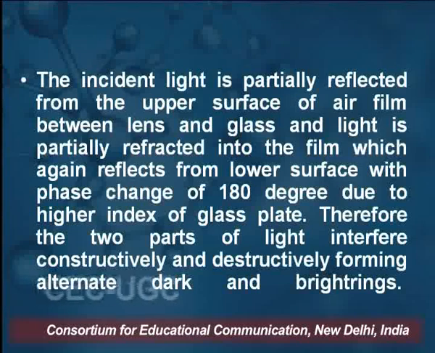It means one ray is reflected from the lower part of the plano-convex lens and the other ray is reflected from the upper part of the glass plate. In between we have the air film, so one ray is reflected from the upper part of the air film and the other ray is reflected from the lower part of the air film.